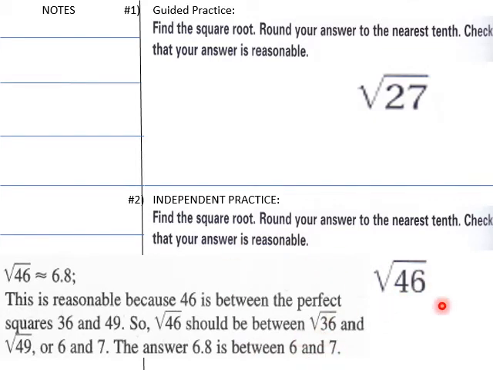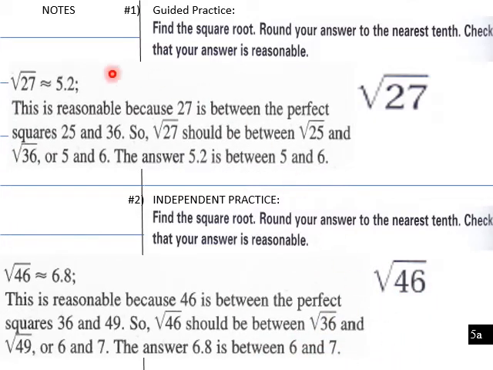That's reasonable, yes. And then the square root of 27 is 5.2 because you have 25, and then 36 will be your next perfect square. It's closer to 25, and the square root of 25 is 5, so 5.2 sounds reasonable too.